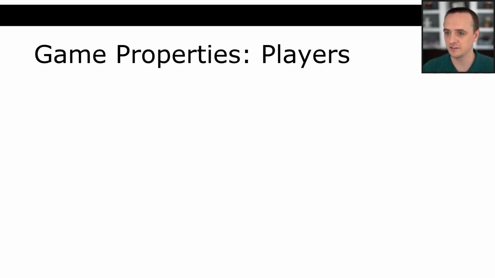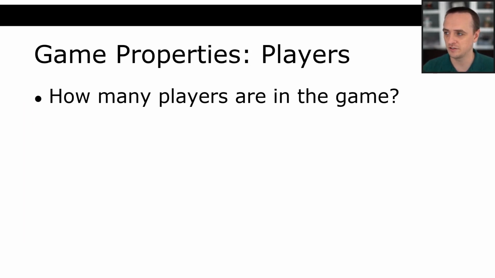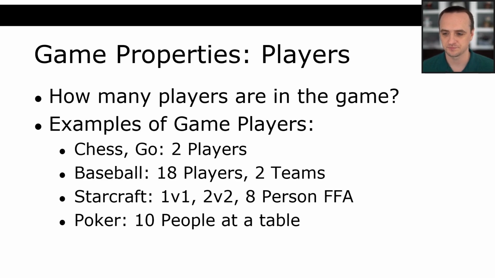And just like that, some algorithms can be applied to games with one player, like a puzzle or a Sudoku or something, but not games with multiple players. So examples of the number of players in games, if we're talking about chess or Go or traditional board games, usually there are 2 players. In baseball, we may be talking about, well, there are 18 players, but maybe there's only 10 players at a time and there's 2 teams, so we can think about different games and different players in different ways.